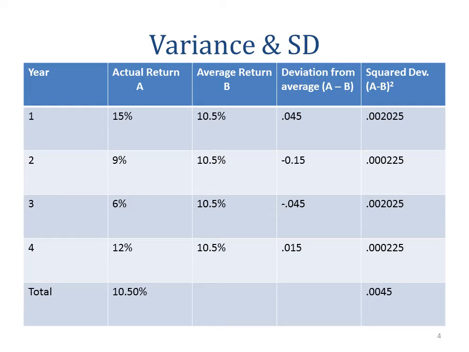Number two, it's meant to put more weight on those that lie further outside of the mean. So it removes the negative sign and puts more weight on those that are further from the mean. So we do that, a minus b, square it, a minus b, square it, do that for all four, and then simply add those up. And we get 0.0045.